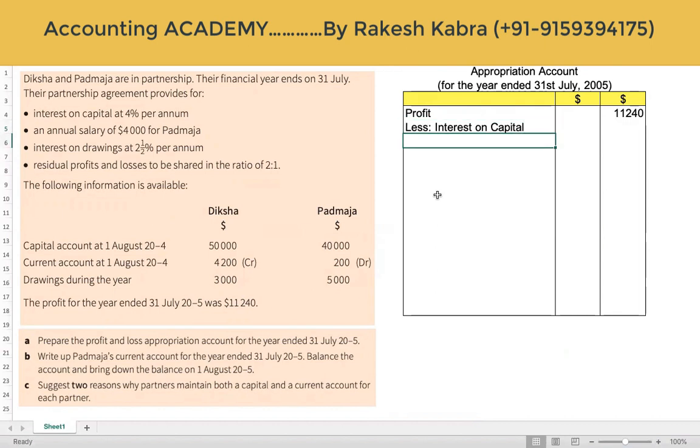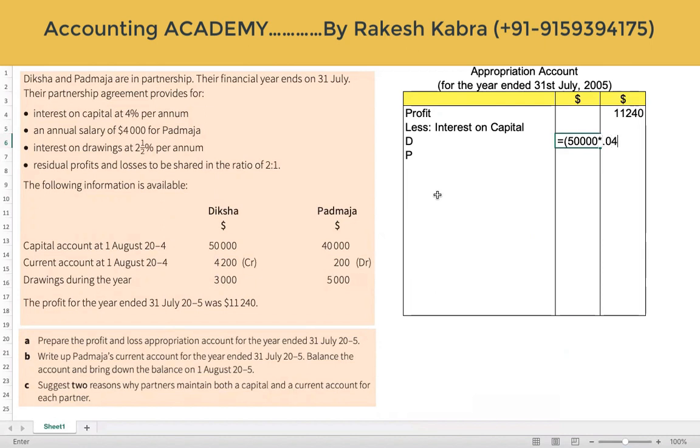So who are the partners? D stands for Diksha and P stands for Padmaja. What is Diksha's capital? 50,000, and on this, 4%.